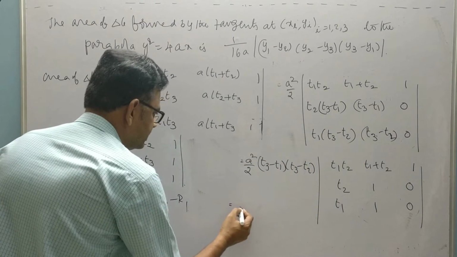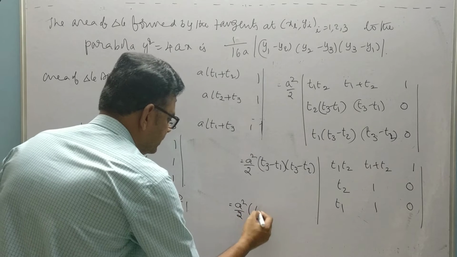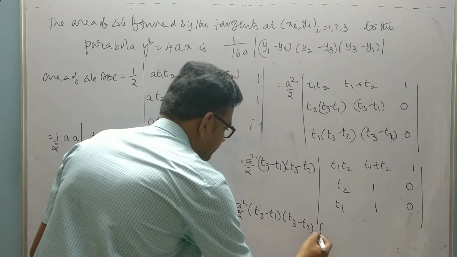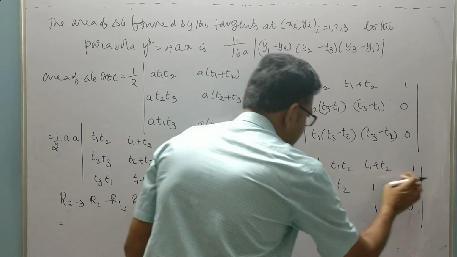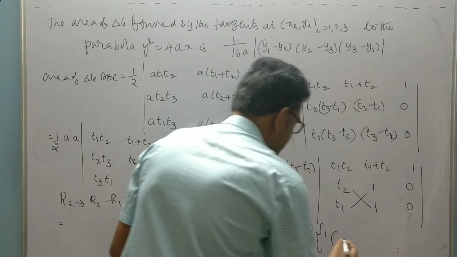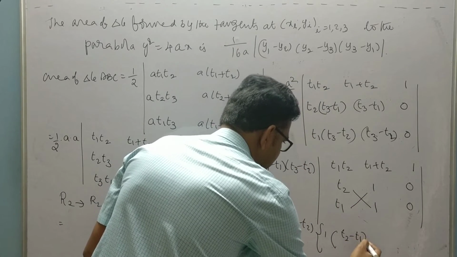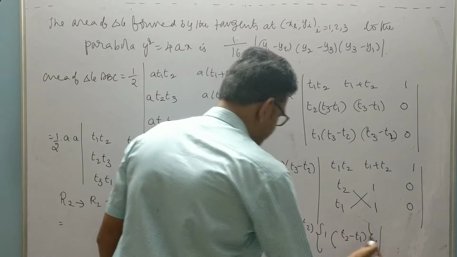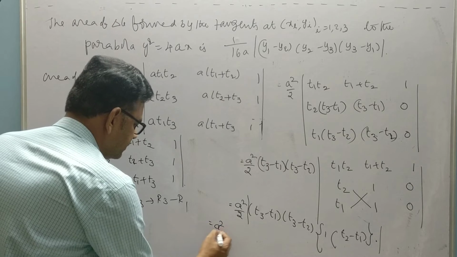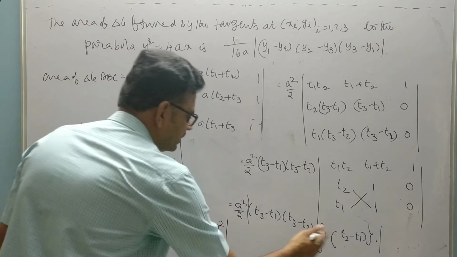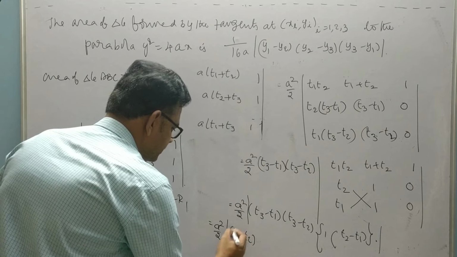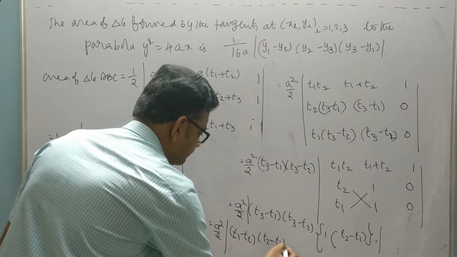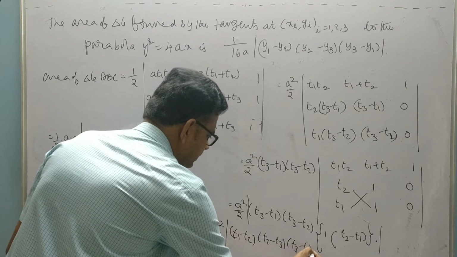By expanding this, a square by 2 into T3 minus T1, T3 minus T2 into 1 into, by deleting this and this, this minus this, that is T2 minus T1. So this is the mod of it, because of area, a square by 2 into mod of T1 minus T2 into T2 minus T3, that doesn't matter if you take minus common, into T3 minus T1.